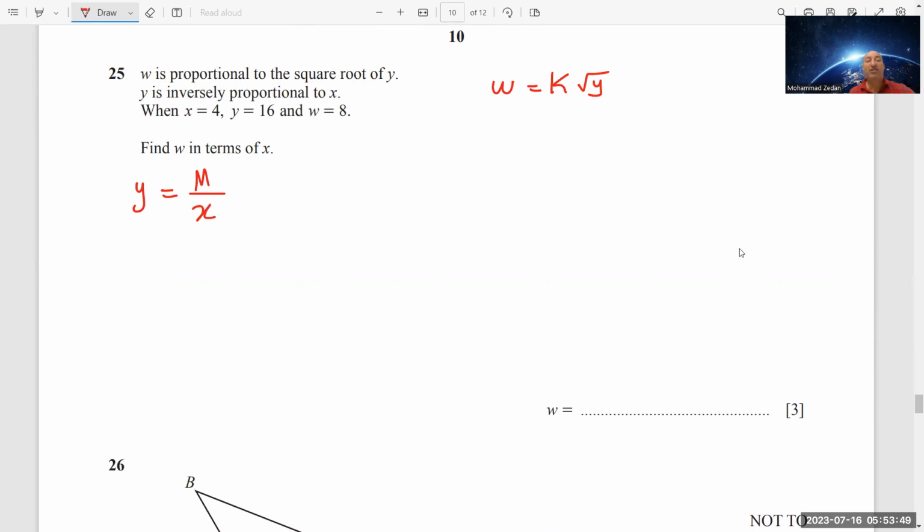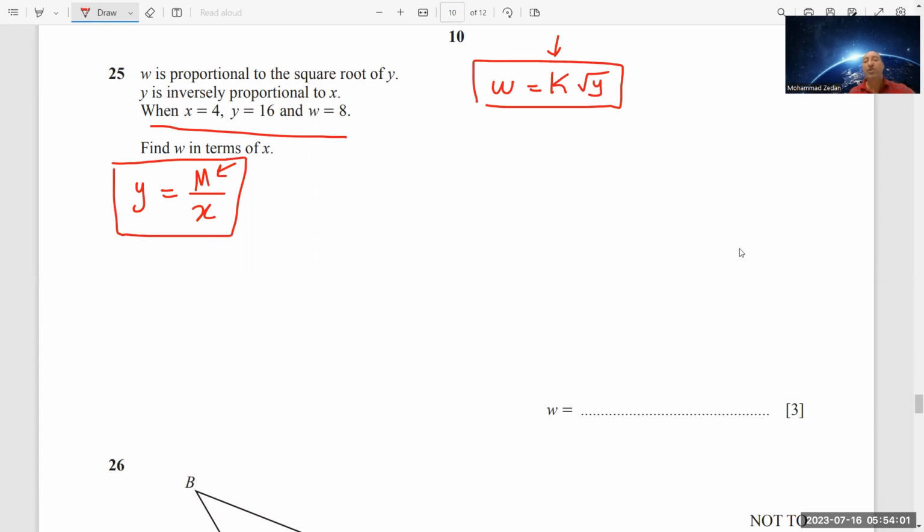So I have values for x, y, and w at the same time. I can use them to find the constant k and the constant m. The first equation is direct proportion, and the second one is inverse proportion. So put w is 8 equals k times the square root of y, where y is 16. Root 16 is 4.